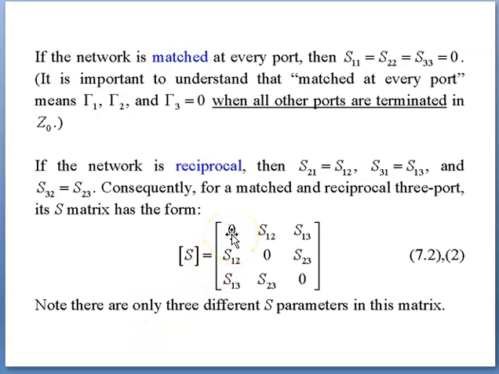Why do you have this matrix? Because S11, S22 and S33 are matched, that's why they are 0. Reciprocal means that S12 is equal to S21, so you have S12 over here instead of S21, and S13 is equal to S31, and S23 is equal to S32.